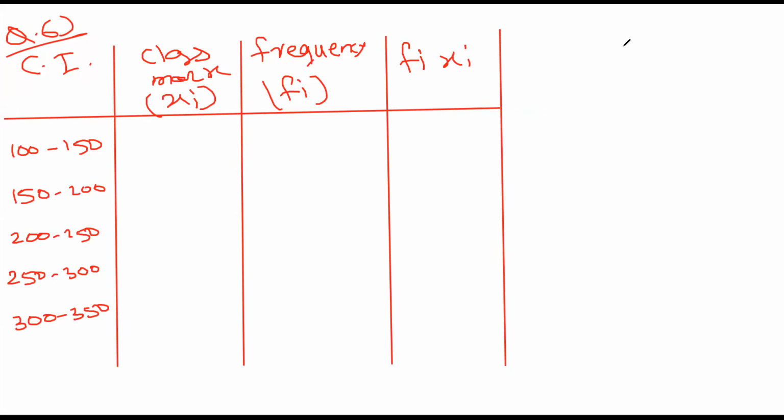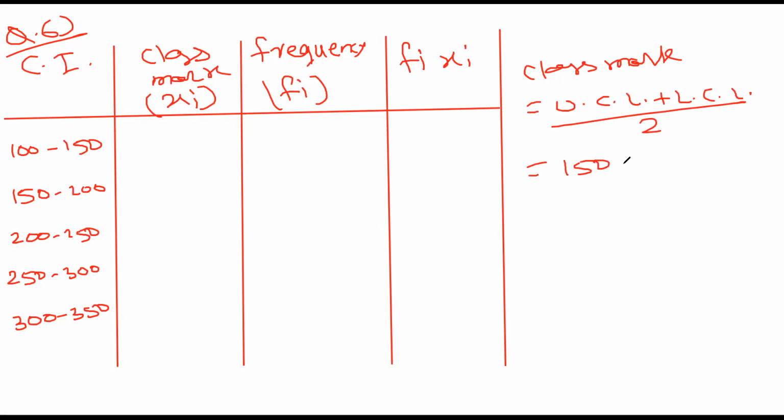Okay, then calculations of class mark. Class mark is equal to upper class limit plus lower class limit, use the full form, divide by 2. So 150 plus 100 upon 2, that is 250 upon 2, which is 125. Correct?